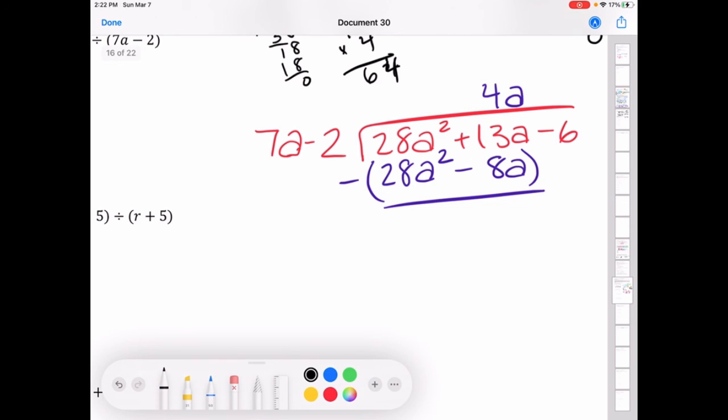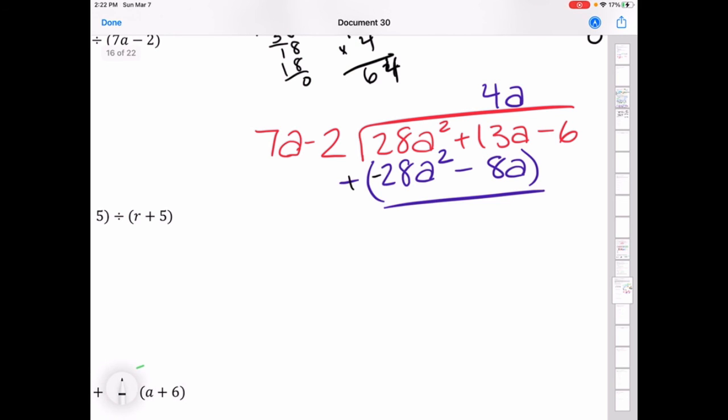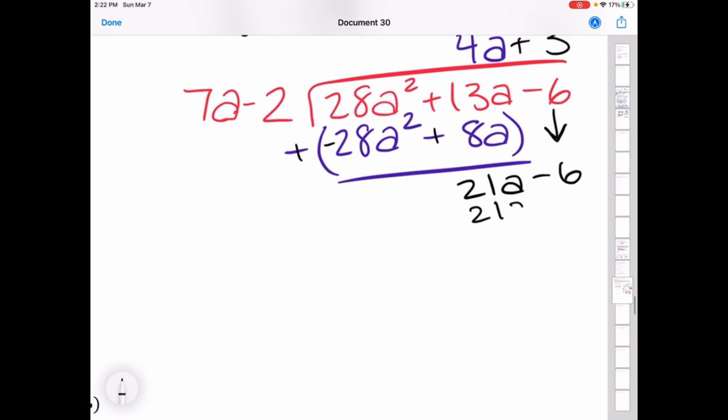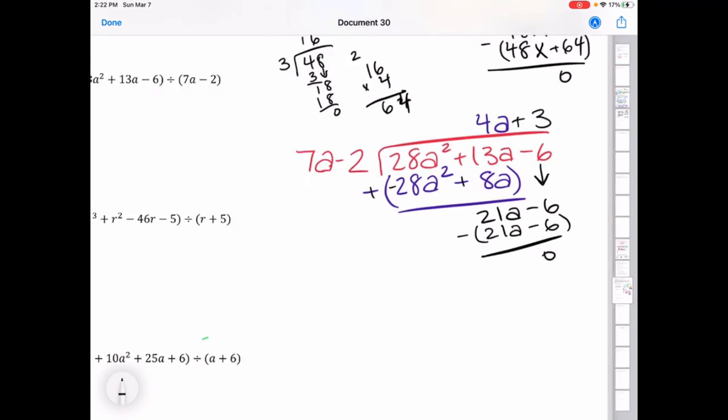So then this becomes plus a negative, and this becomes plus a positive. So that's going to be 21a. I'm going to bring down this 6. Okay, well, 7 times 3 is 21, and 3 times negative 2 is negative 6. Subtracting both of these, you get 0 remainder.